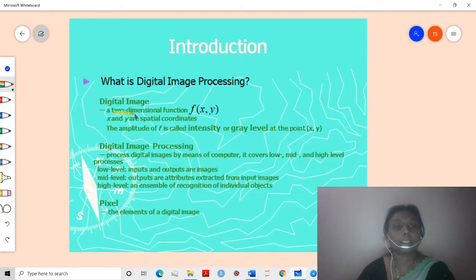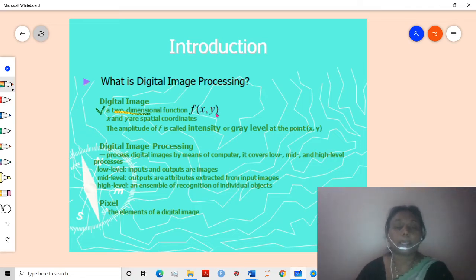See, the image is represented as a two-dimensional function, with an x dimension and a y dimension, and the function is measuring some characteristics of the image.